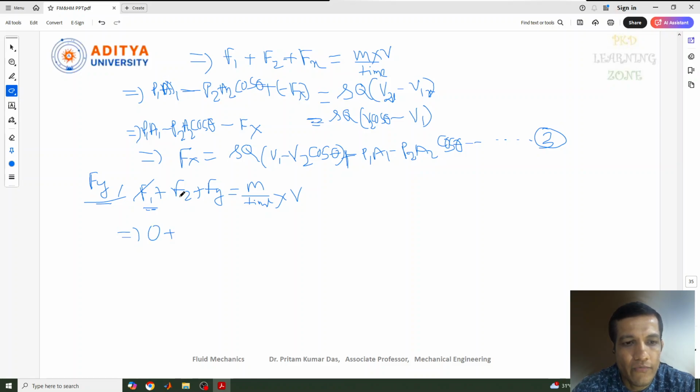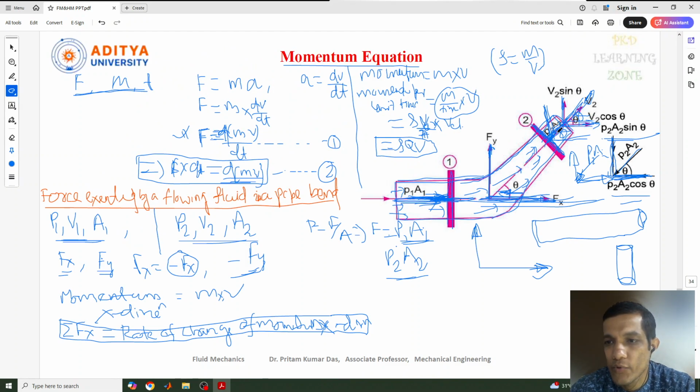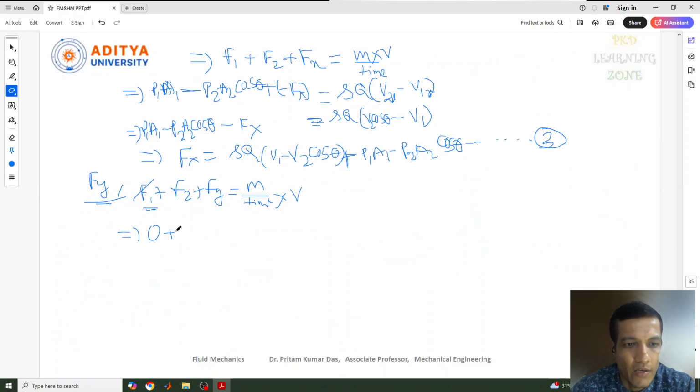What about the pressure force at section 2? That is nothing but P2 A2 sin theta. This is also in the reverse direction, so it is minus P2 A2 sin theta.